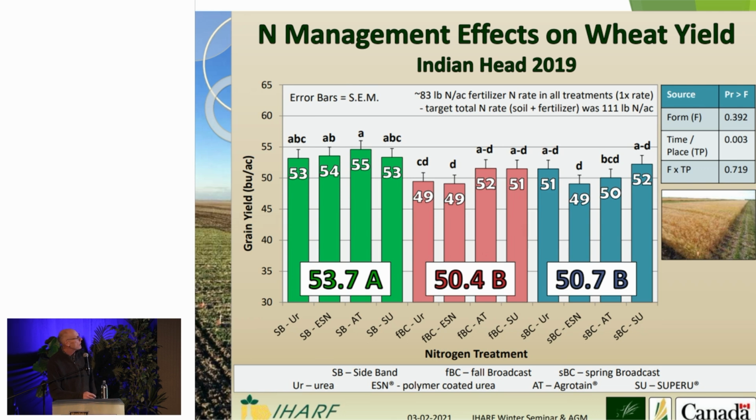Overall, showing here, yes, side-banded in the spring has a significant yield advantage over the other, but we do have some enhanced efficiency fertilizers here, and some of them, here in the fall broadcast, may be important there to help narrow the gap, not close the gap, but narrow the gap, so there are places where these can fit.